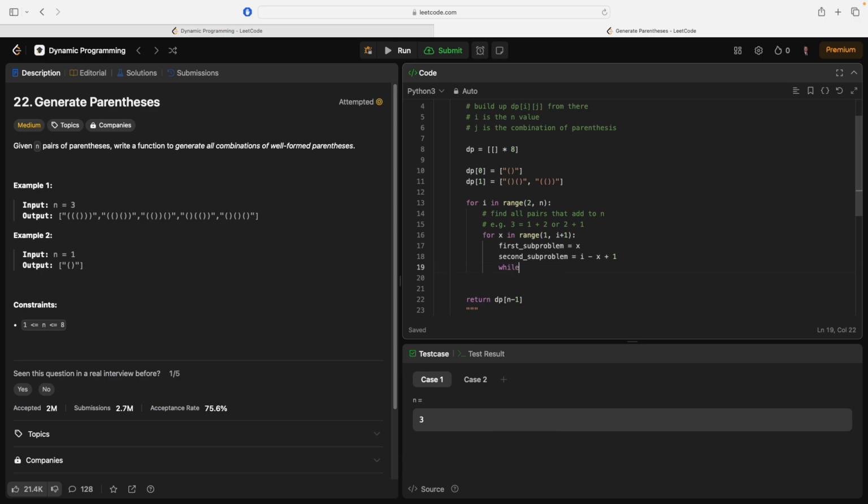So we're going to say while a is less than the length of dp first, and b is less than the length of dp second.